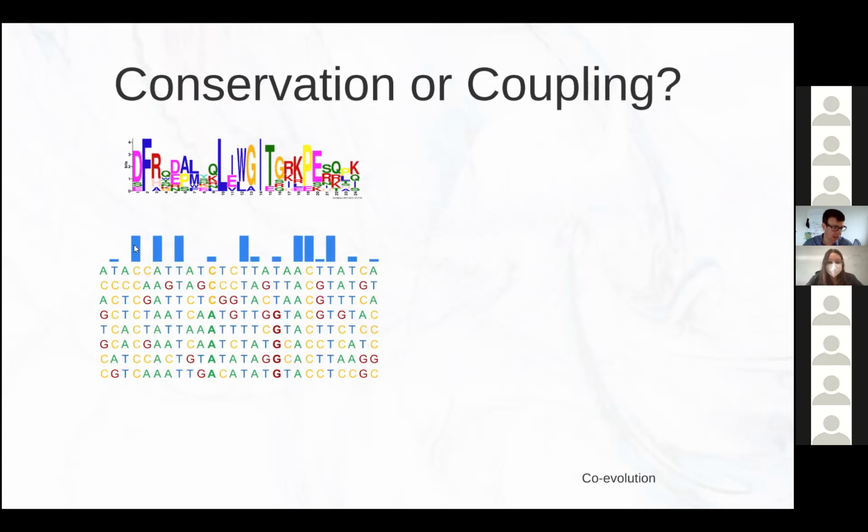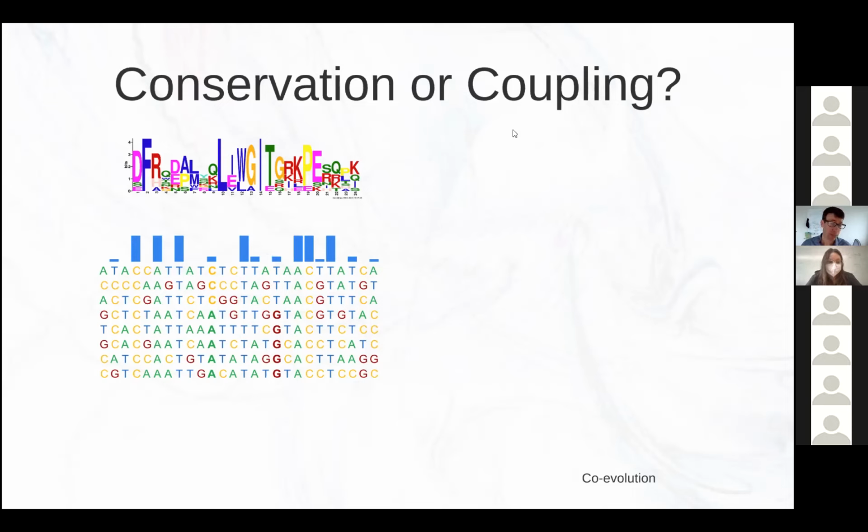In fact, the really high blue bars are invariant, so every sequence we have in the alignment is a C, just like the L at position 10 or the F at position 2. Those are the invariant positions, perfectly conserved. In other positions there's a lot of change, and some have a little bit of conservation.